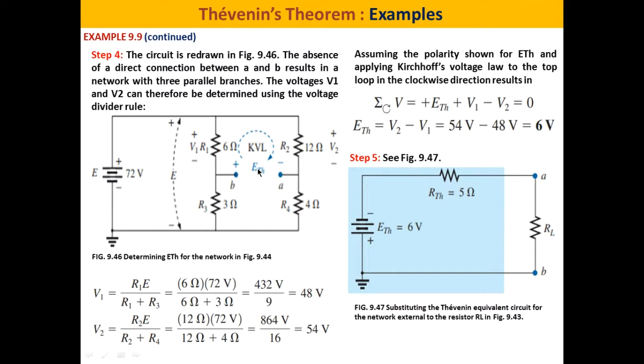The polarity is very important, gentlemen. So plus will be at terminal B and the minus at terminal A. We have replaced the circuit by its Thevenin equivalent, 6 volts in series with 5 ohms, and connected RL again. Now we are ready to determine the current in the load, voltage across the load, power dissipated in the load, etc.